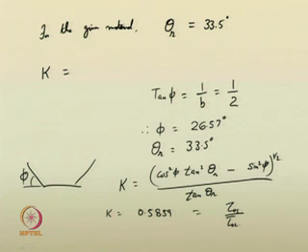We have already suggested that for the given material, the maximum permissible unit tractive force is equal to 19.67 Newton per meter square.